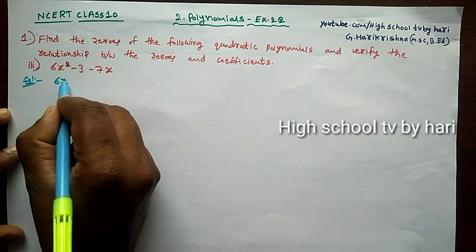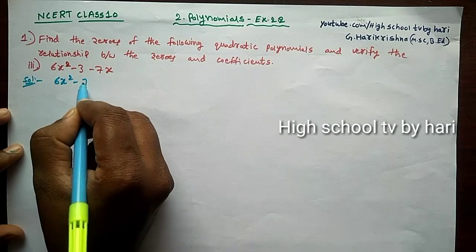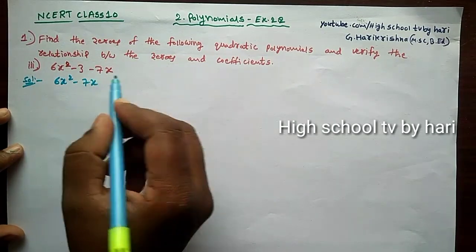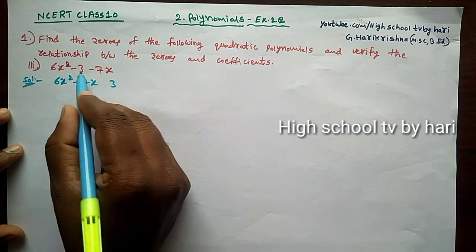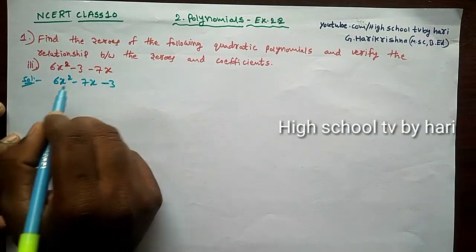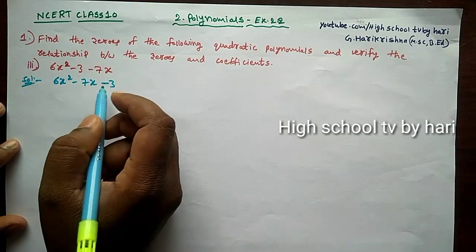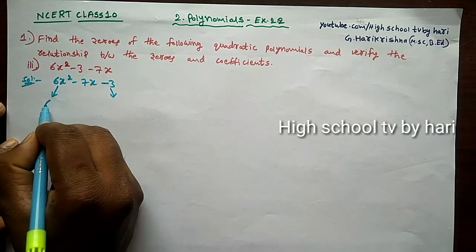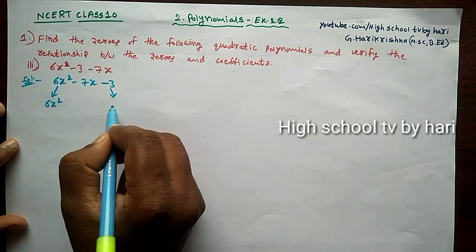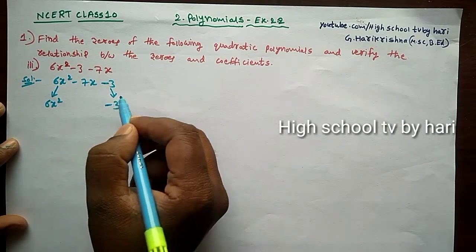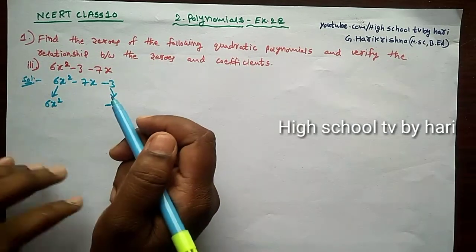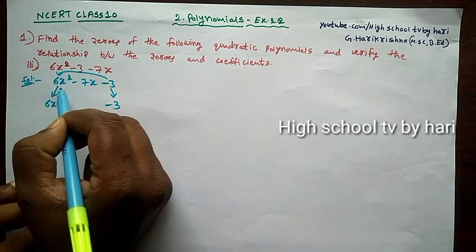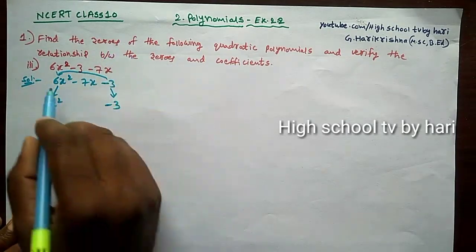First write 6x square, next write 7x. Before 7x there is a minus symbol, so minus. Then 3, before which there is a minus, so minus. Now it is in the form of ax square plus bx plus c. To find the zeros, first write the x square term and the constant term as it is, and find the product of the constant term and the x square term.